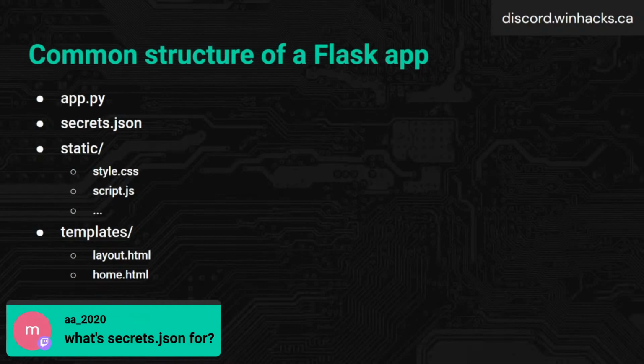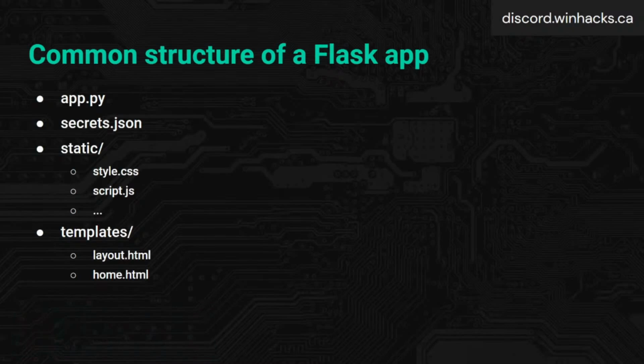But in the past, I've had information about what port I want to run the website on in production, some domains that I have attached to it. So it's really useful for a bunch of different reasons, and it will really depend on what your app is. To be honest, you can exclude it entirely, but it's always good to have a configuration file like this so that you can store the sensitive information separate from the code. So that's what the secrets.json file is for.